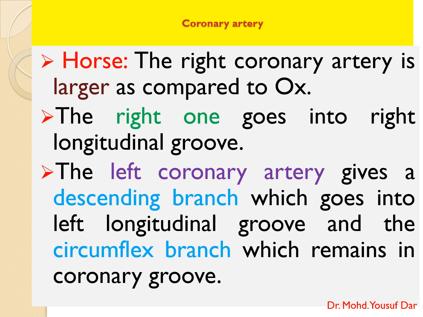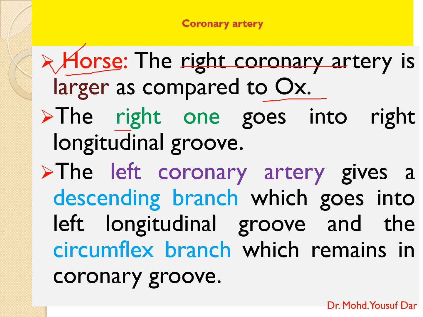Now coming to the coronary artery in the horse. We have discussed the coronary artery in cattle. In the horse, the right coronary artery is larger compared to that of the cattle or ox.